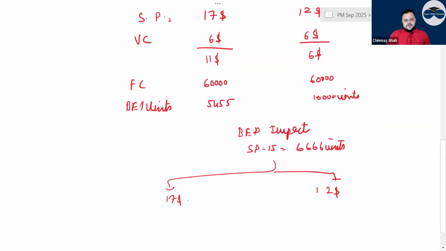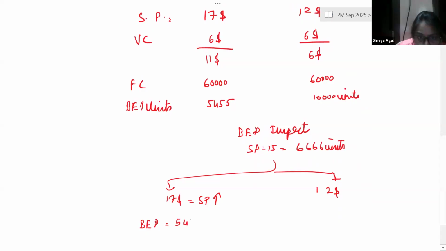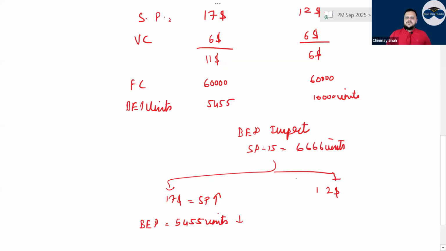That means if the sale price increases, everything else remaining the same, does BEP go up or down? Down. Sir, selling price increases, contribution increases. Therefore, our BEP goes down. You have more money now. But where the price falls, selling price falls, what happens to the BEP?